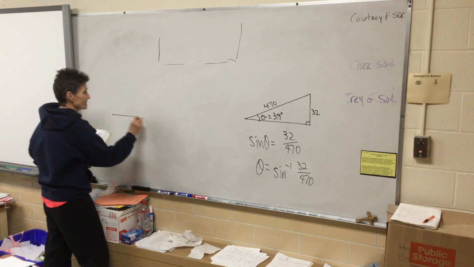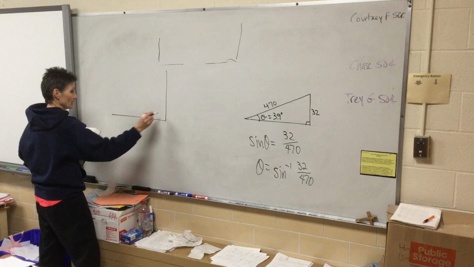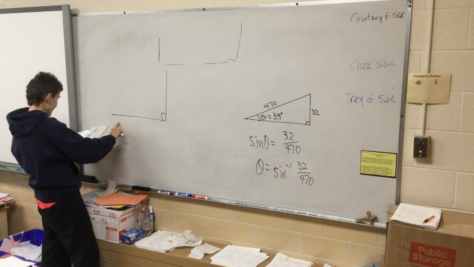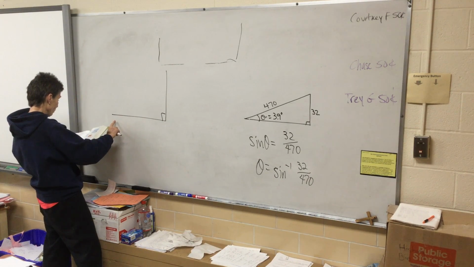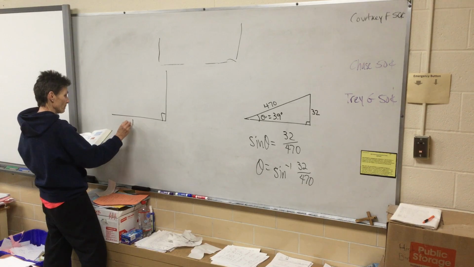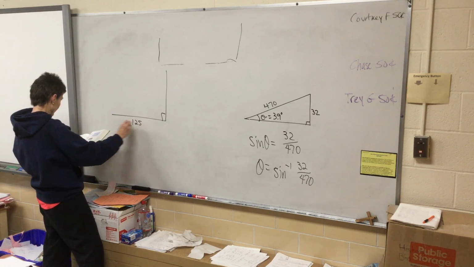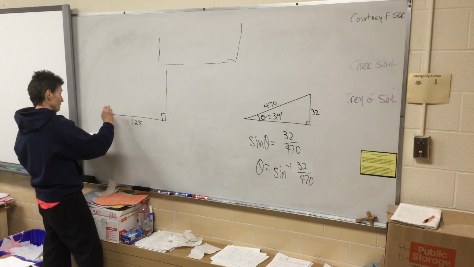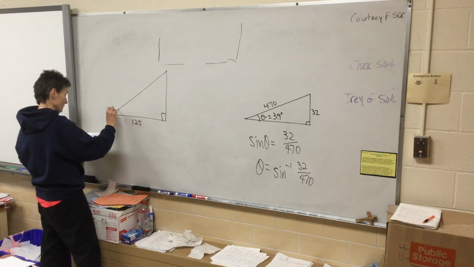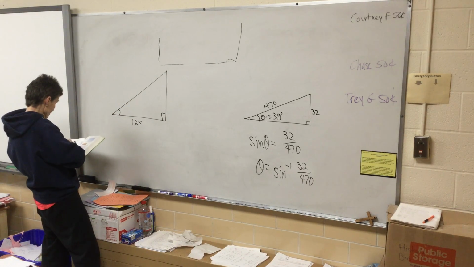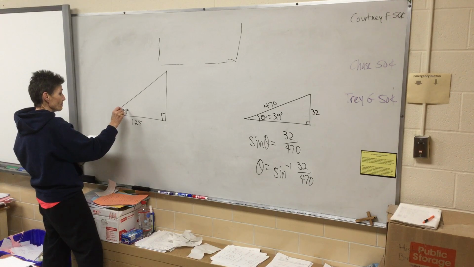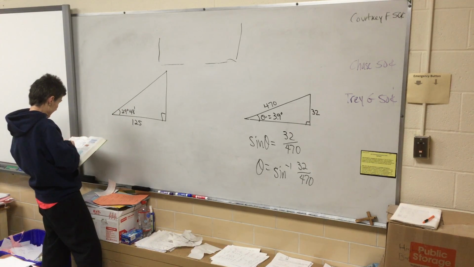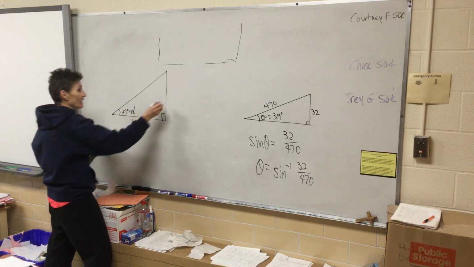Okay, so we got a guy standing out here looking up at the top of a building. And the point is 125 feet from the building's base. And the angle of elevation to the top of the building is 29 degrees, 48 minutes. And we want to find the height of the building.